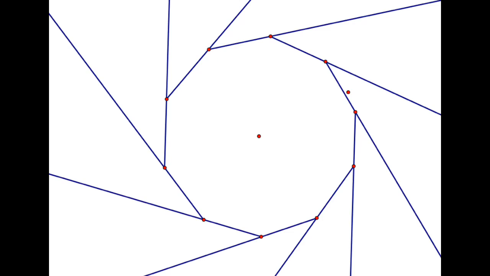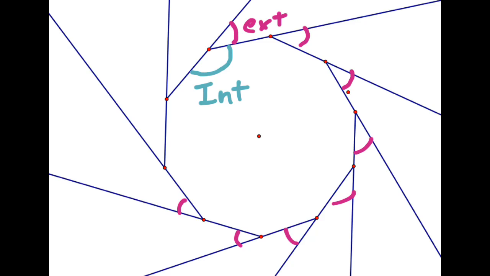So, this angle is going to be my interior, right? But this angle is going to be my exterior angle, all right? And that's the same thing here. This is my exterior angle, this is my exterior, this, and this. So all of those are my exterior angles.